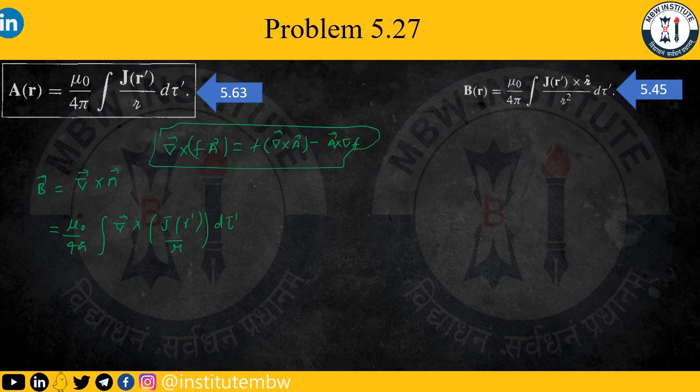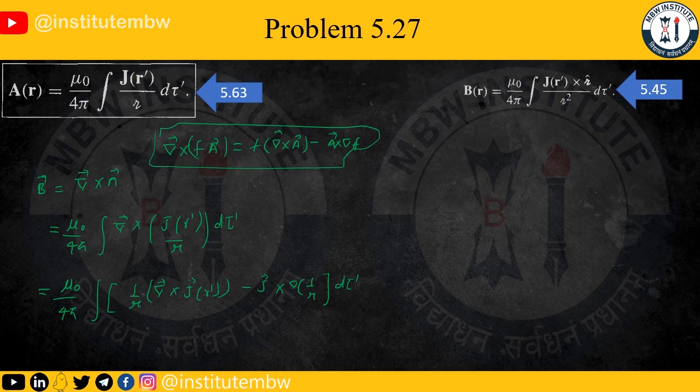So this will be mu naught over 4 pi, this 1 upon r, and del vector cross J vector r prime, minus J vector cross del of 1 over r, that is d tau prime.